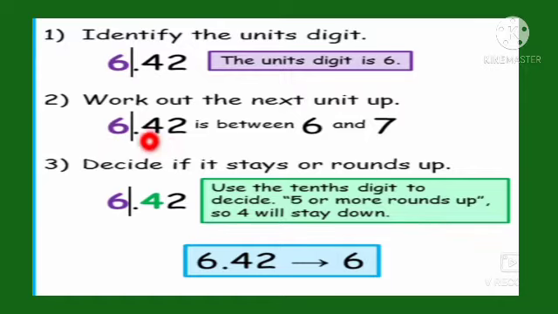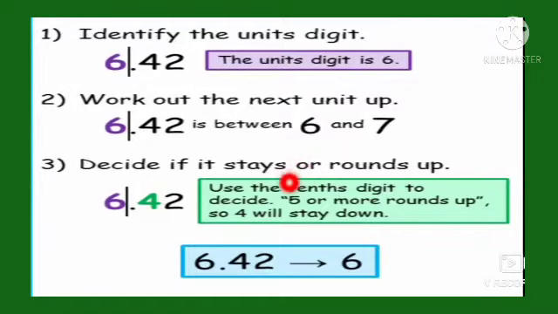If it is greater than 5, we write down the underlined digit by adding 1, that is 7. Here, children, in this decimal number, 4 is given. Since 4 is less than 5, the underlined digit remains the same. Thus, 6.42 rounded to the nearest whole number is 6.